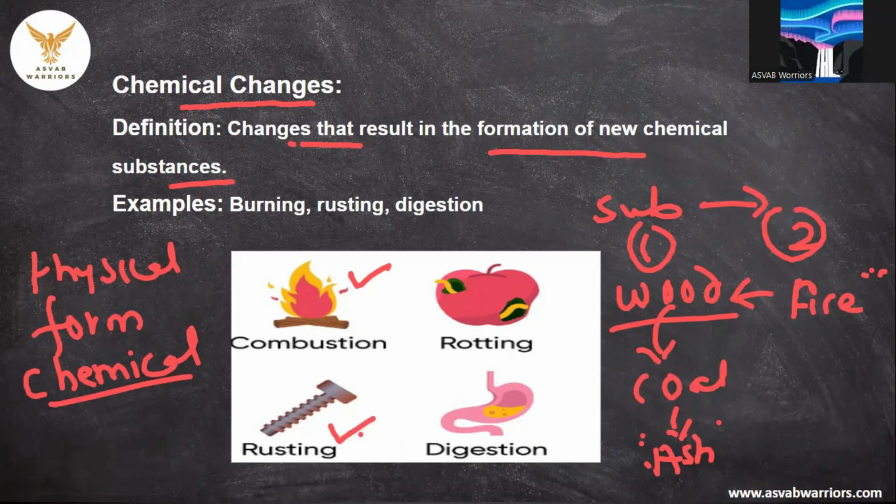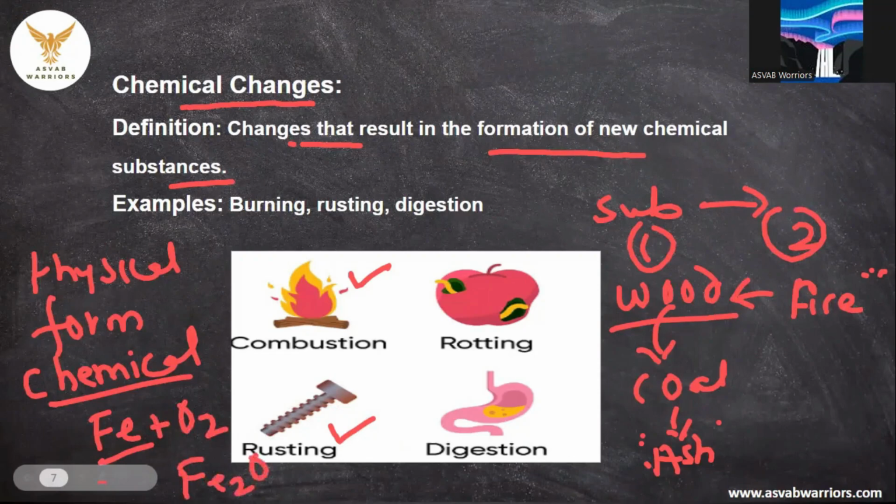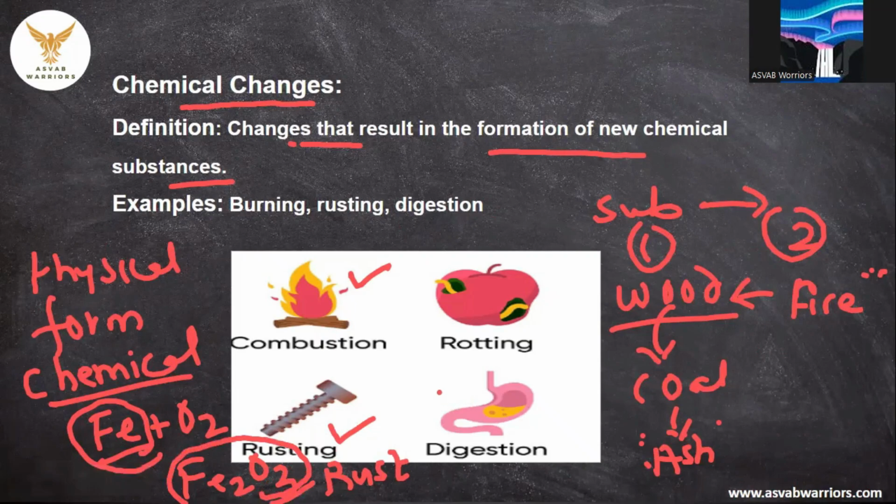Similarly, in the case of rusting, earlier it is ferrous or iron, and once it combines with oxygen from the atmosphere, it gets converted into Fe2O3, or ferric oxide, which we call rust. So the chemical structure altogether is different. Earlier it was iron and now it is an oxidized compound of iron.